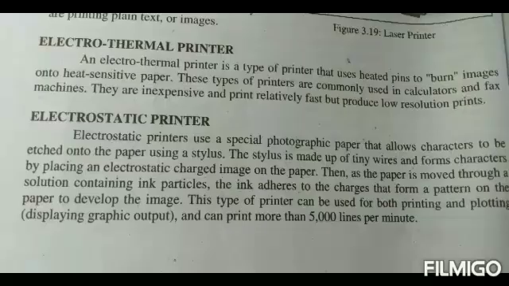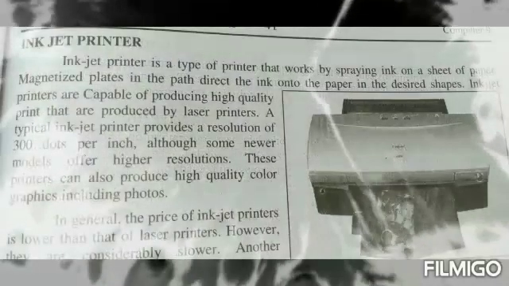Electrostatic printers use a special photographic paper that allows characters to be etched onto the paper using a stylus. The stylus is made up of tiny wires and forms characters by placing an electrostatic charge image on the paper.